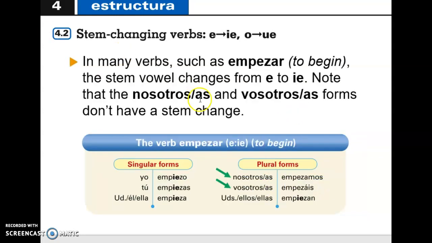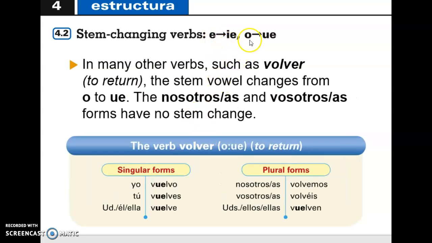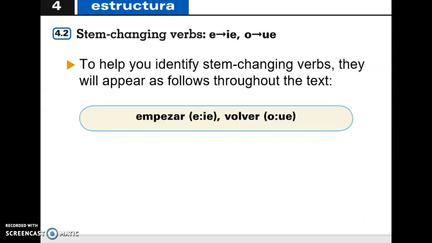So here we have the example of the ones changing from E to IE, and here we have the ones changing from O to UE. So where is that U coming from? It doesn't really matter. We just have to remember that that happens in some of them. As I said, they are going to fit in that shape of the boot, okay?